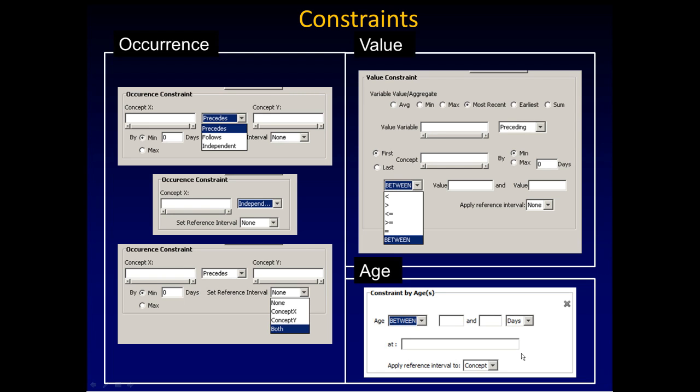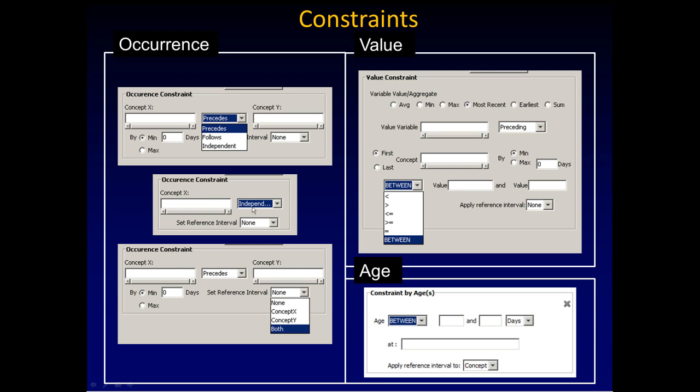And what the constraints look like within the software are shown here. So an occurrence constraint lets users drag and drop concepts over from the ontologies and drop them into each of these concept boxes, and then say whether the relationship is about preceding, following, or could occur independently, like right here.